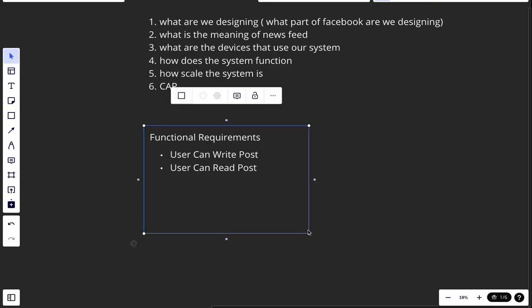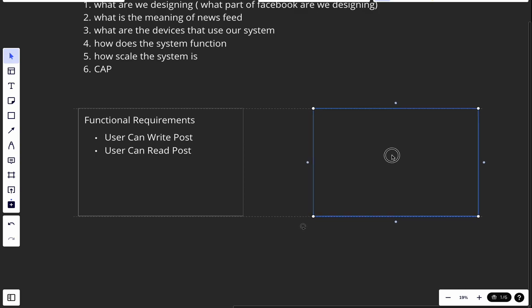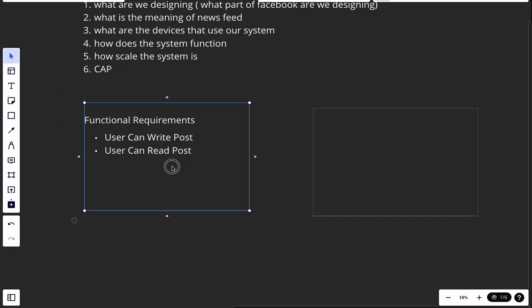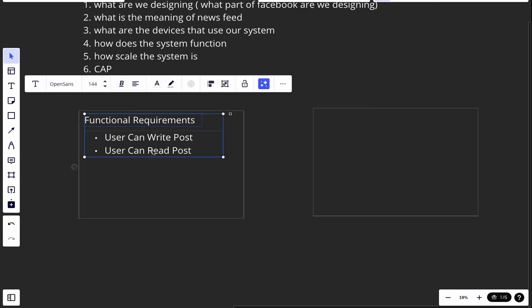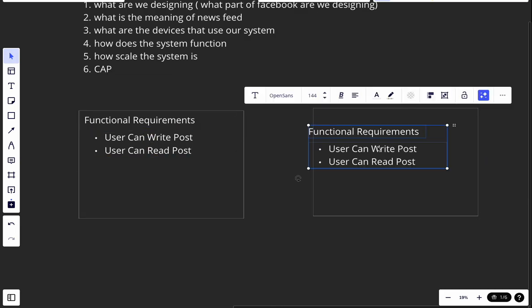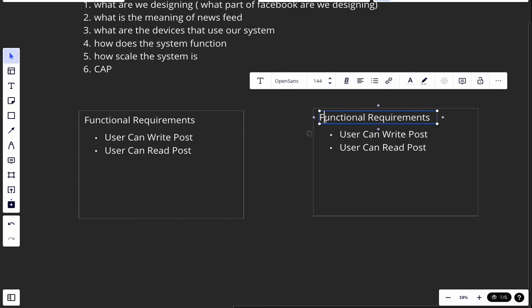So let's talk about the non-functional requirements because they are a lot. So first of all, we expect to have high availability.